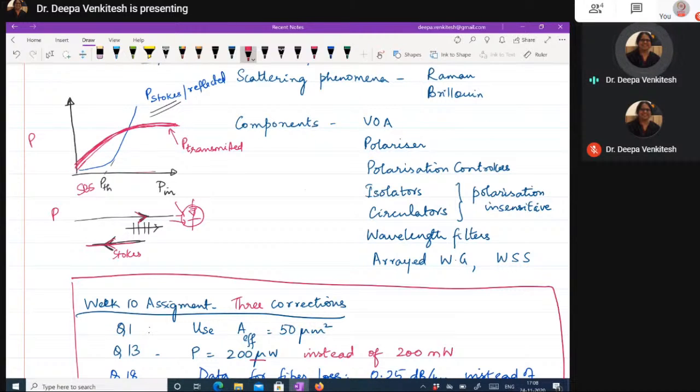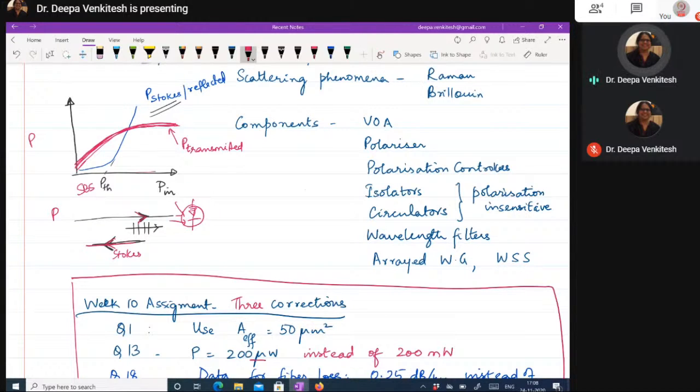The other thing you can have is something called guided acoustic wave Brillouin scattering, which is not taught here. The SBS we discussed in class is because of the longitudinal acoustic modes.